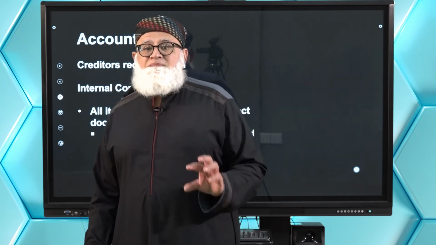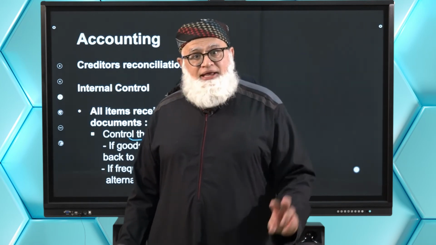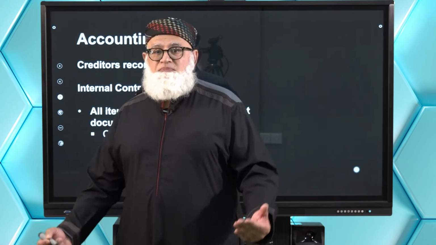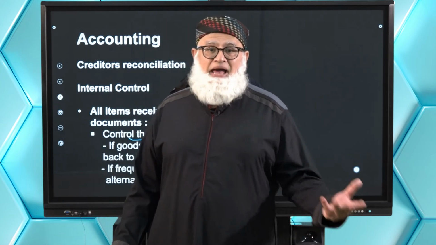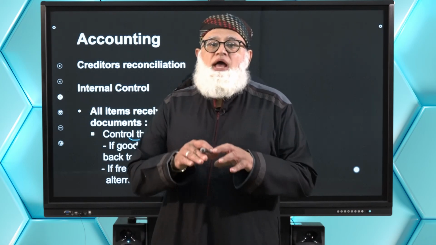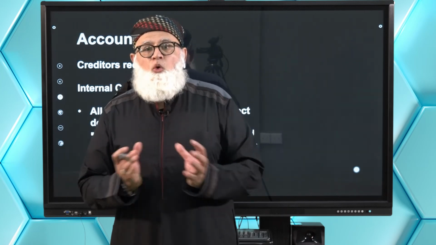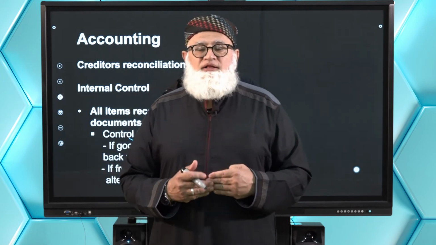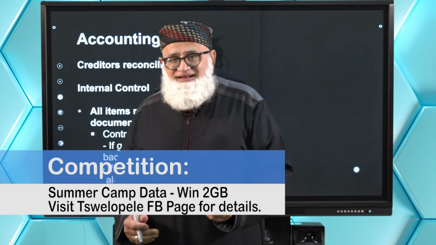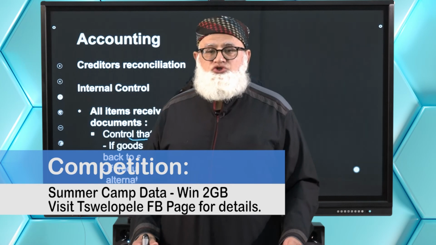Obviously, the business has to relook its policy and also find an alternate supplier, because surely we can't be doing business with a supplier that's sending us damaged goods or goods not as per our order. So if we conclude this process of internal control, we have to ensure that the goods that we are ordering are in fact the goods that are delivered, and they are in a condition where we are able to sell these goods. Right, guys?